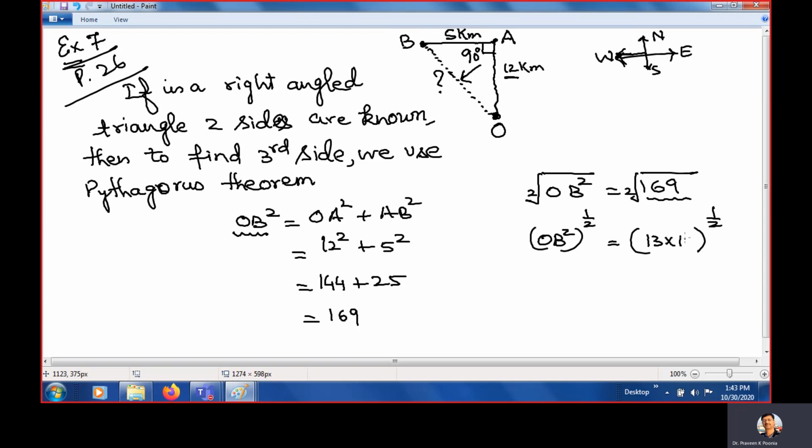So it is 13 times 13. So this cancels with this. OB equals how much? Only one will come. So it is 13. So how much distance is he from his starting point? It is 13 kilometers. So this question is very important and generally asked in the examination.